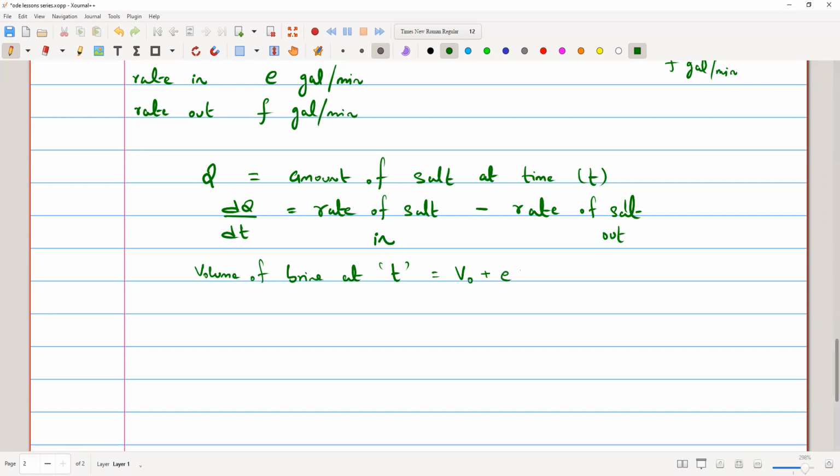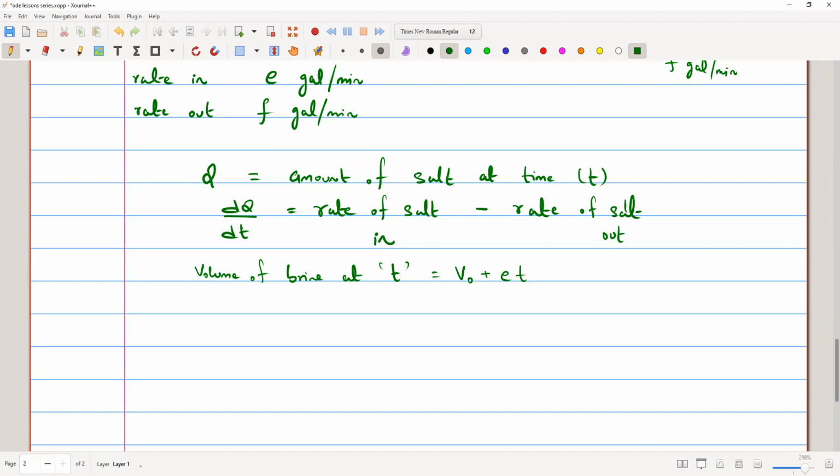We can write it as E times t, because E is the flow rate at which the brine solution is entering the tank, multiplied by time to get the volume.